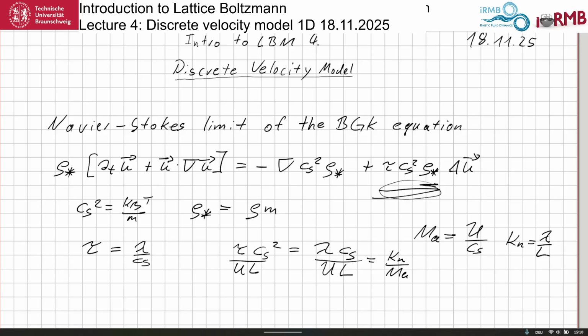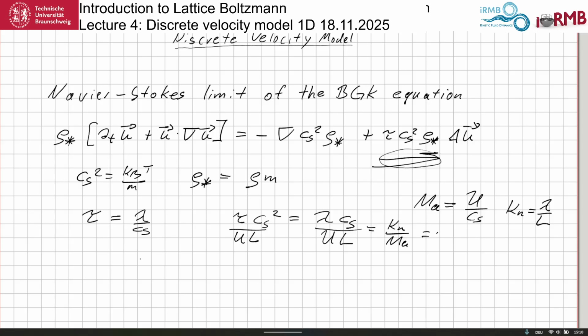So Knudsen divided by Mach. You see this up here is obviously the kinematic viscosity divided by U and L, and now you would identify this as what?